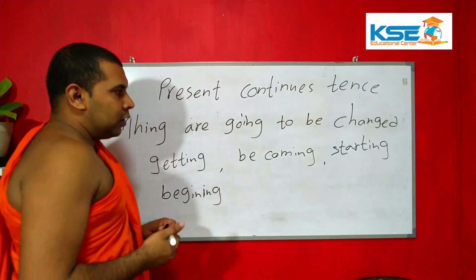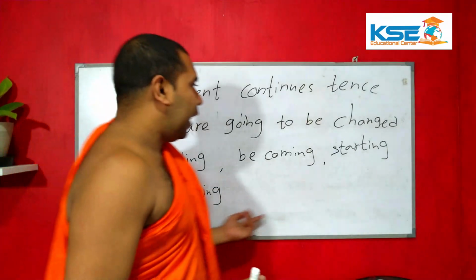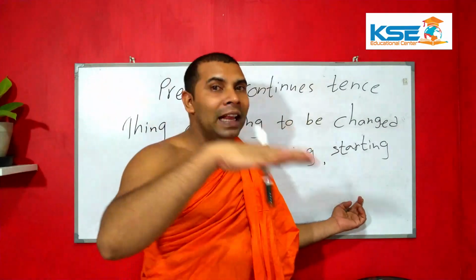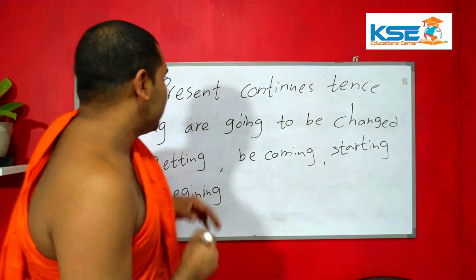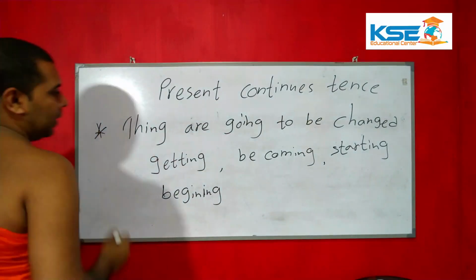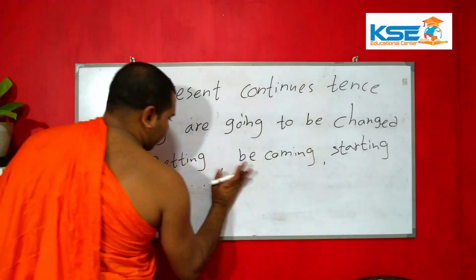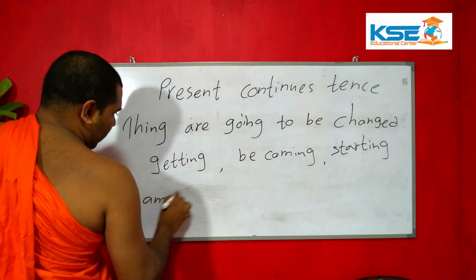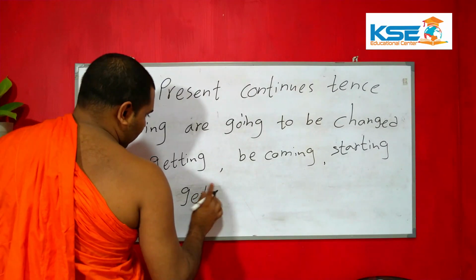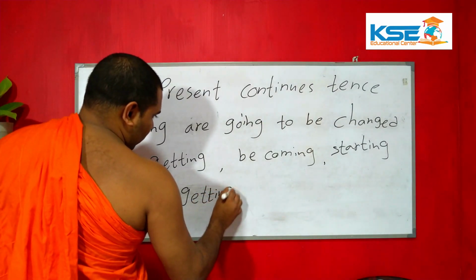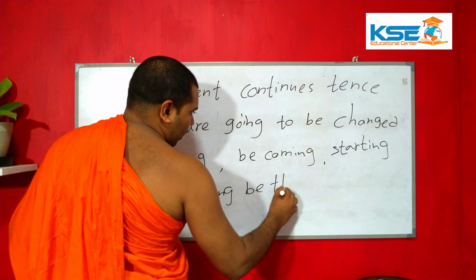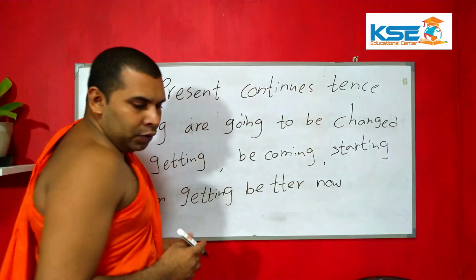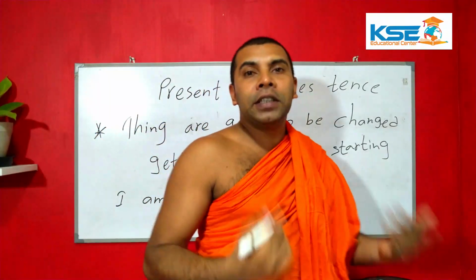So by using these kinds of verbs, we are talking about things that are changing by using the continuous tense. Just like this. I'm getting better now.